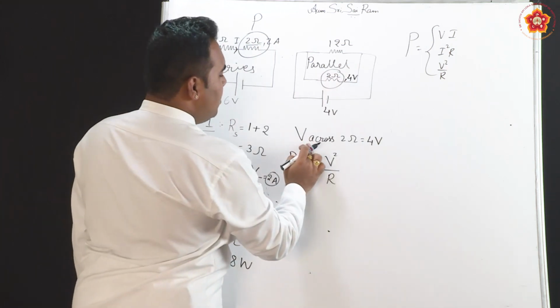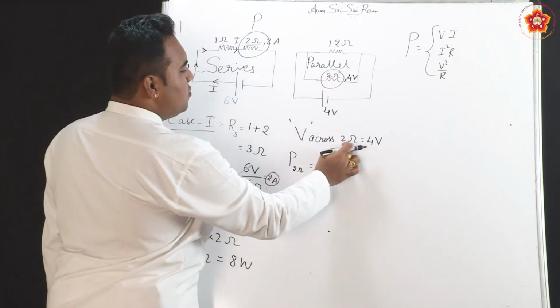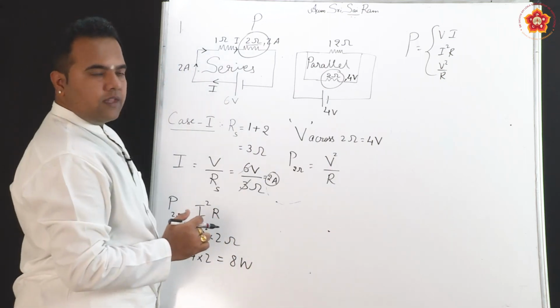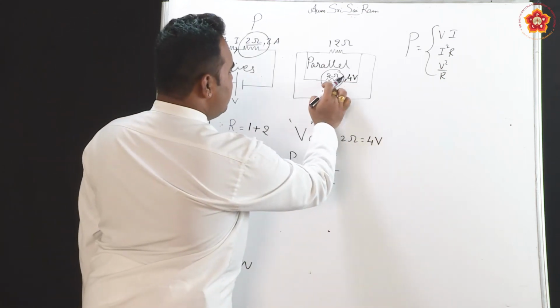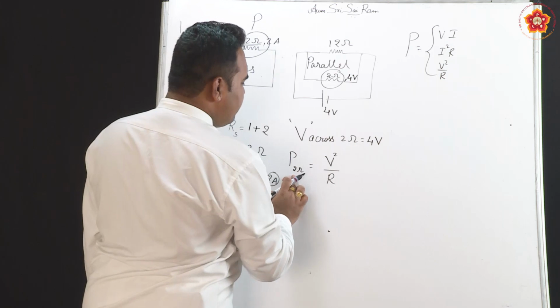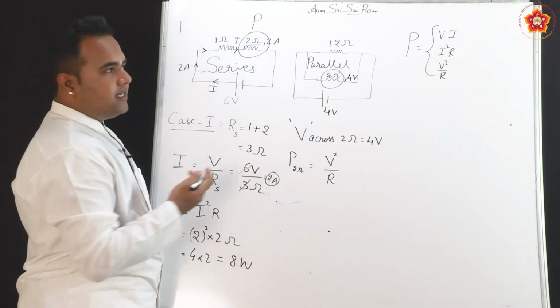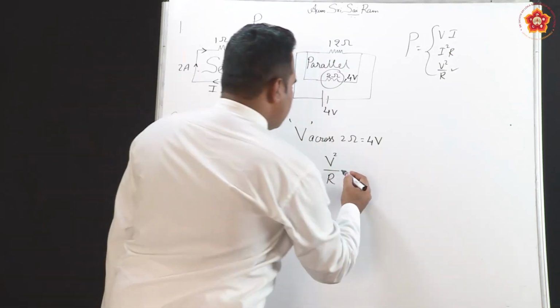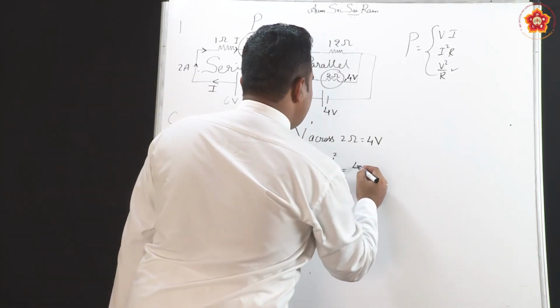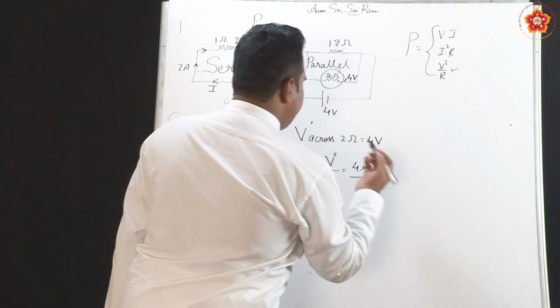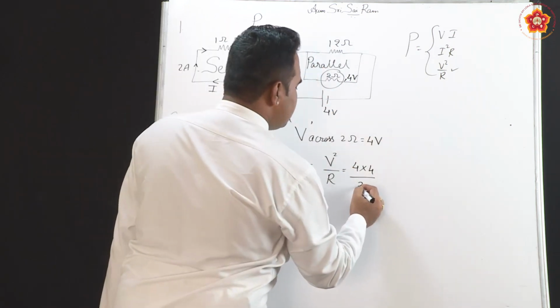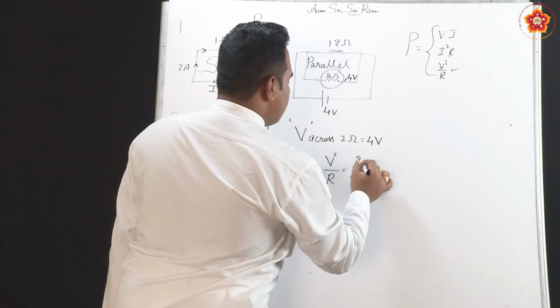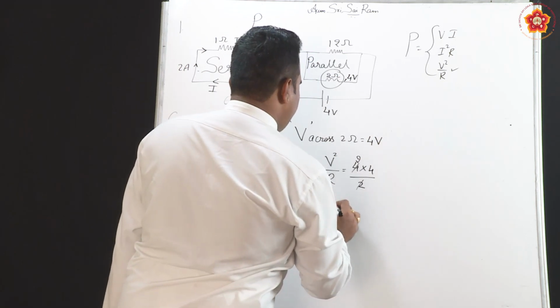So, the voltage across the 2 ohm resistor is 4 volts. I know the voltage and I know the resistance, so power in terms of voltage and resistance will be V square by R. V is 4, so 4 square divided by R, which is 2 ohms. It will be 8 watts.